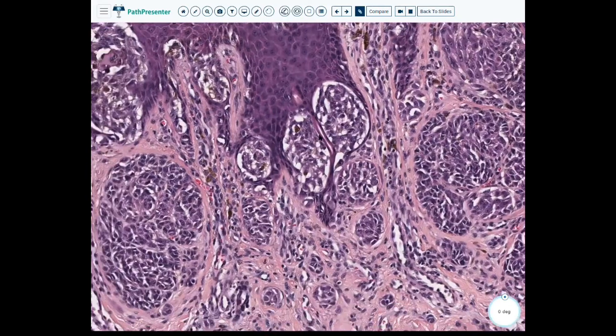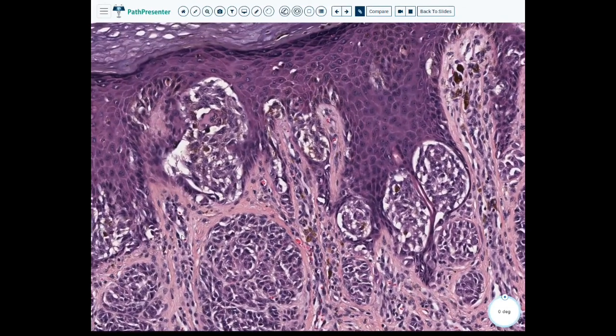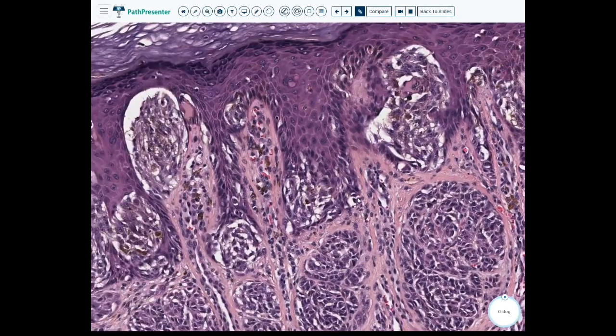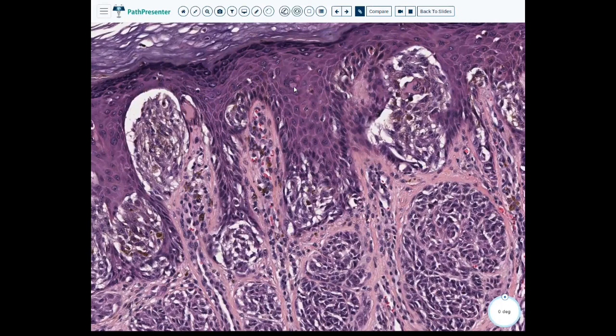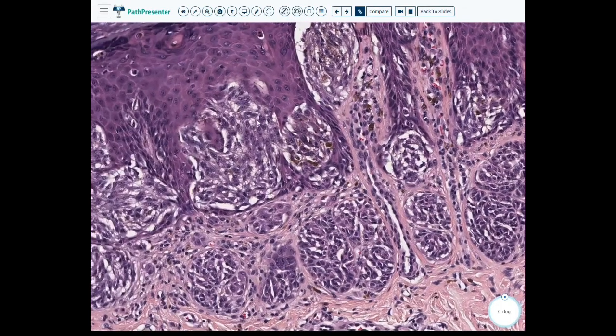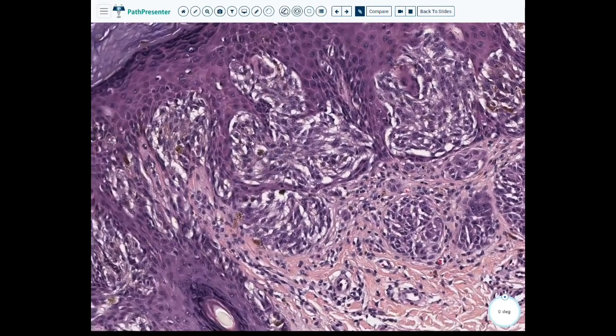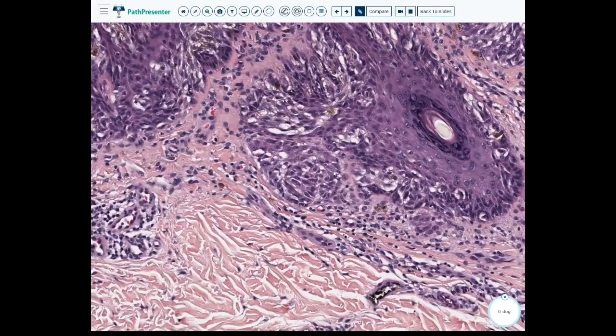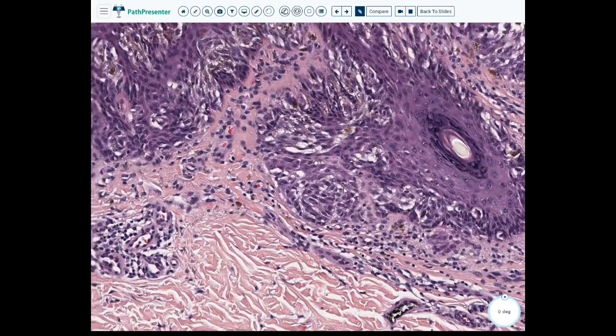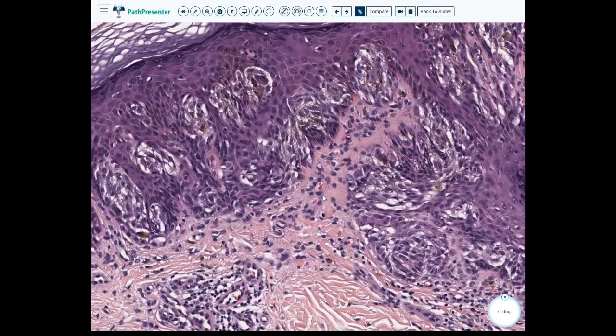Let's see, we can find a few other features. Yep. And these pink inclusions, these are Civatte bodies. This looks probably dyskeratotic because it's super, super pink. But yeah, these look like relatively spindled cells. We have the artifactual clefting, sorry.